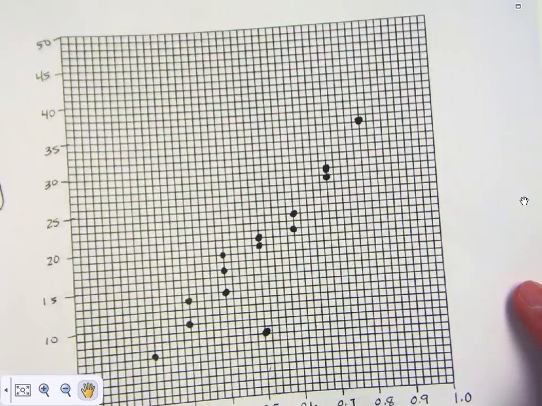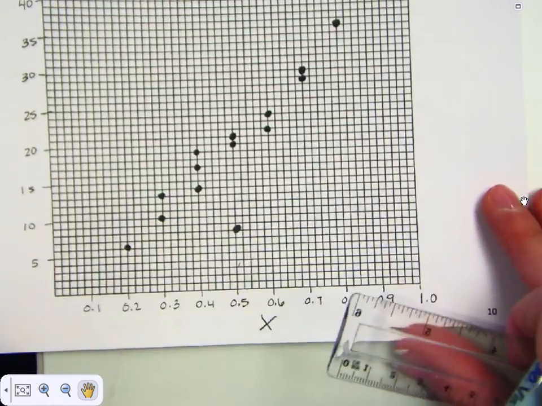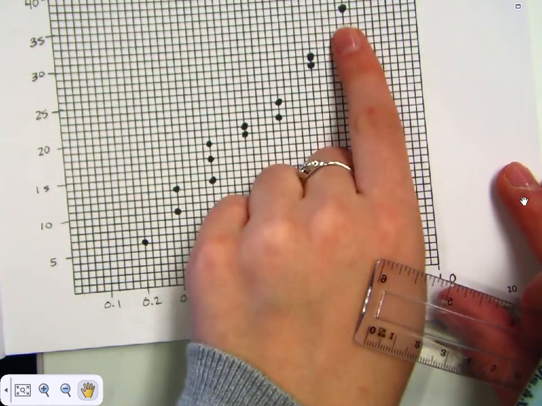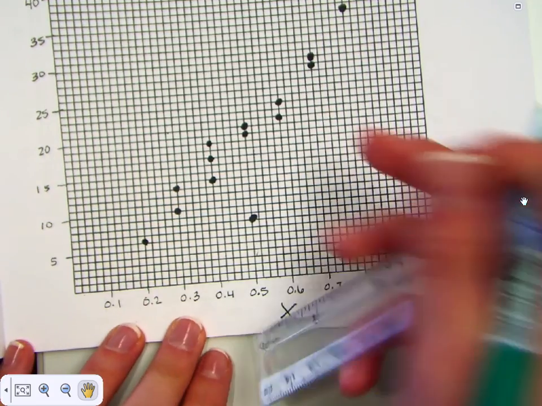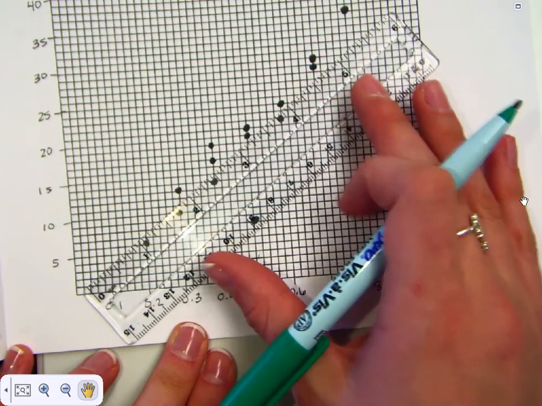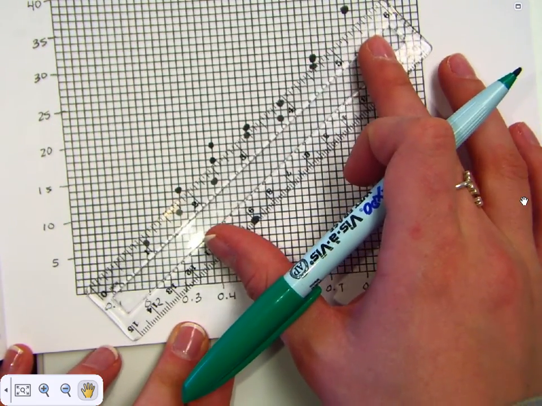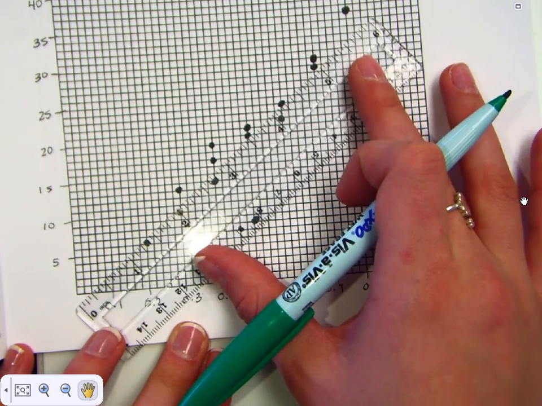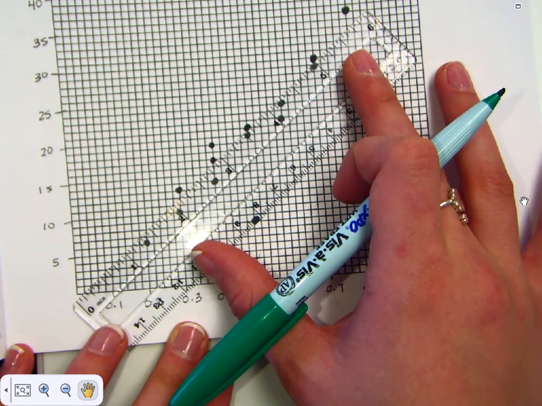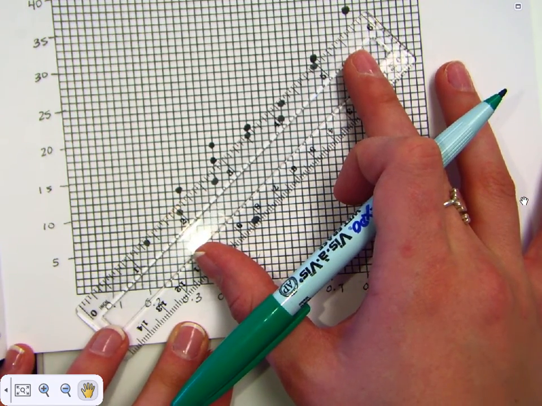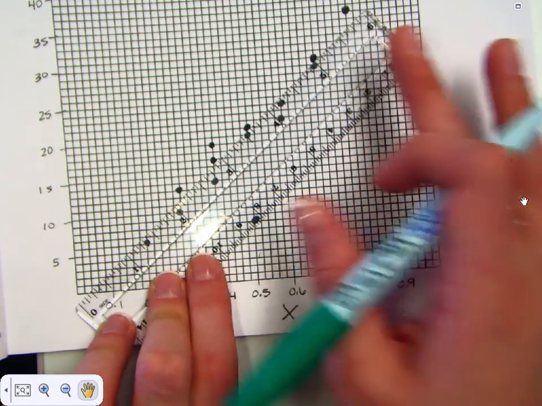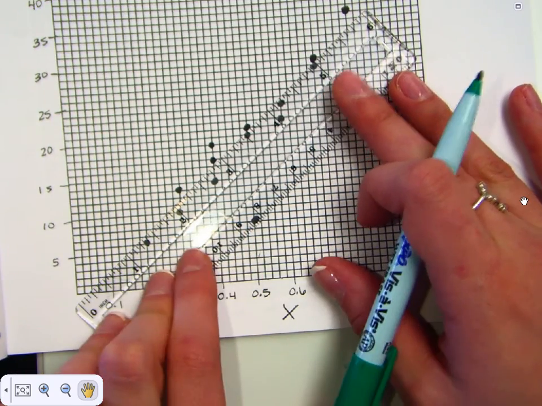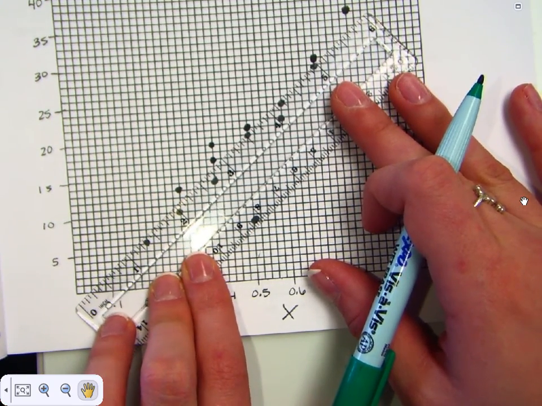It's probably going to go somewhere through here, and you want to make sure it's in the middle of all the points, so it's a good representation of how your points are lining up with one another.